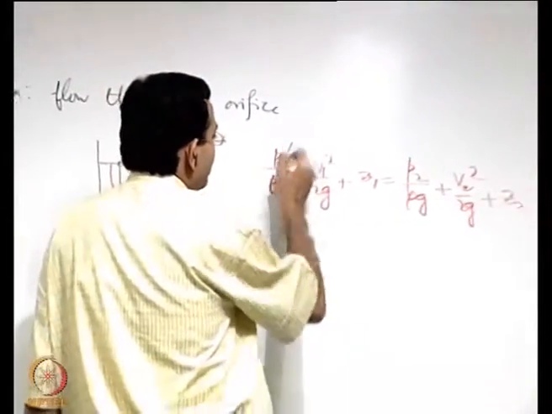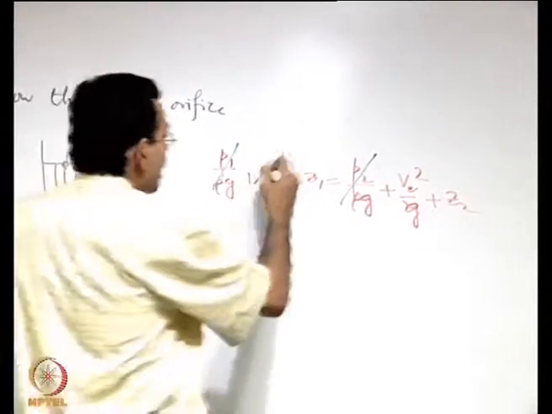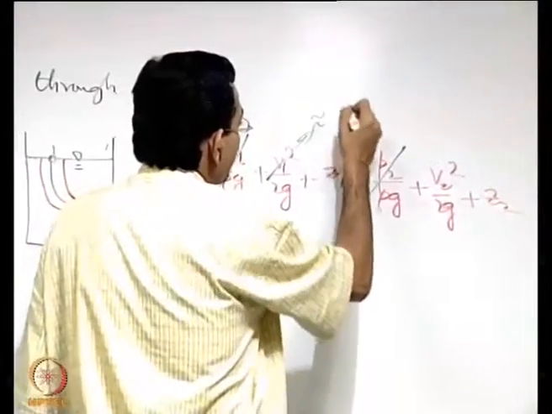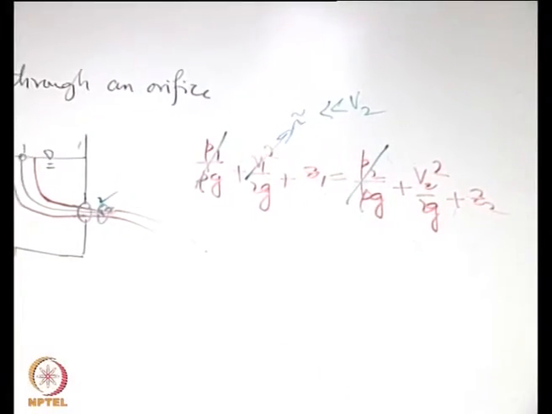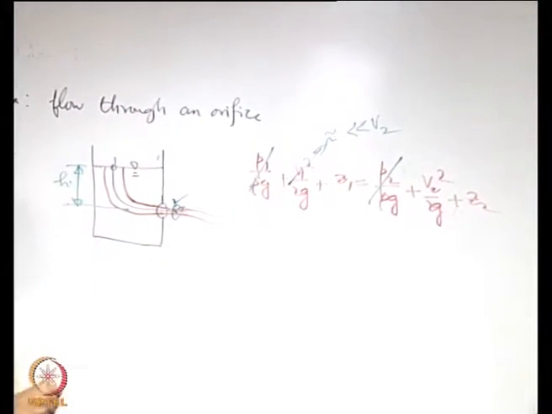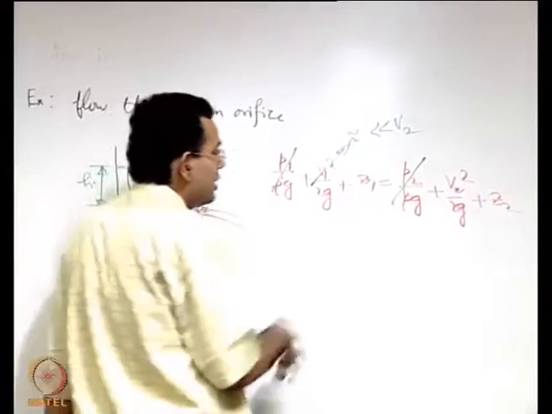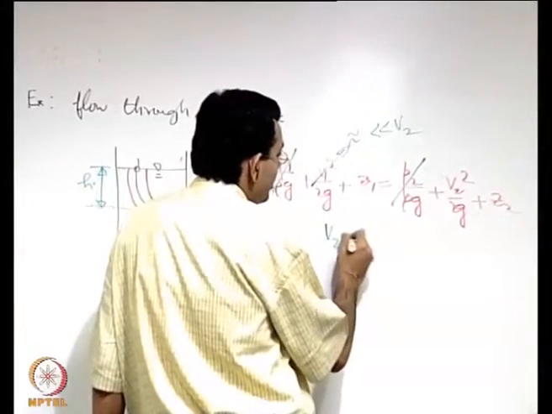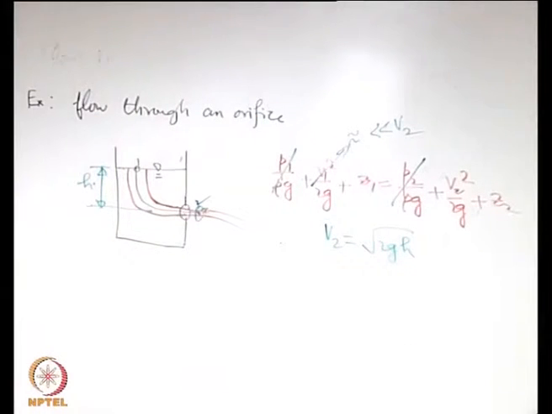So you cancel the two pressures, V1 you neglect as compared to V2, and Z1 minus Z2, let us say that is equal to H, which is a function of time maybe, but at a particular instant. Therefore you can write V2 is equal to root 2 g H, a very famous formula known as Torricelli's formula, because Torricelli first derived this.